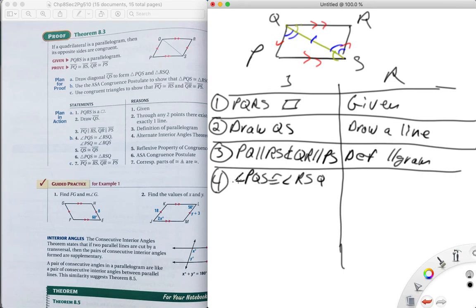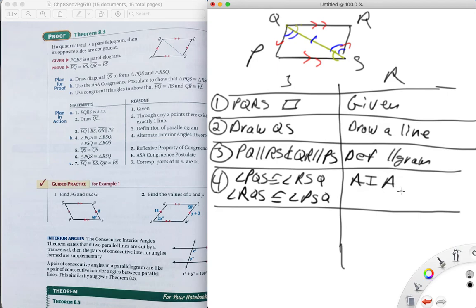And I can say that angle RQS is congruent to angle PSQ. And the reason why is that this is a transversal cutting across 2 parallel lines. So I could say definition of alternate interior angles.